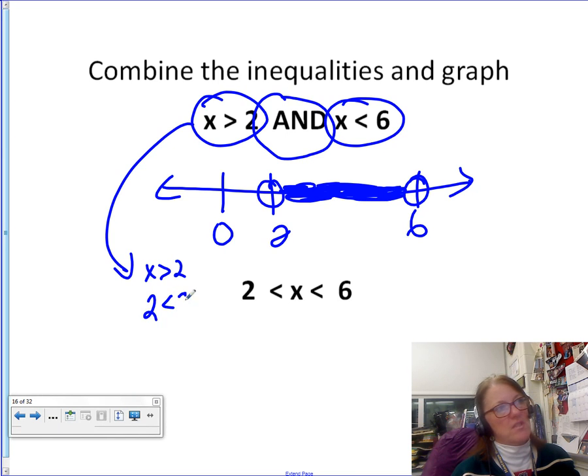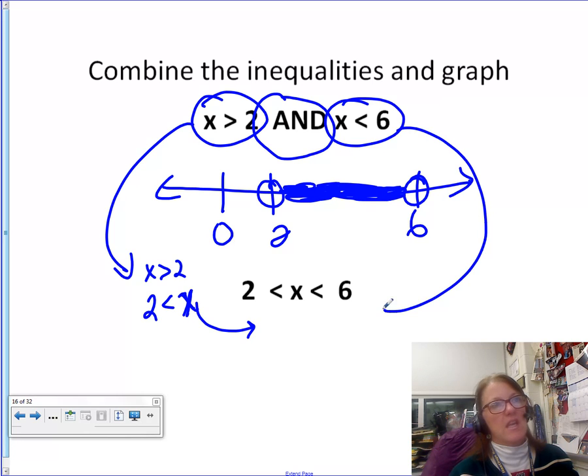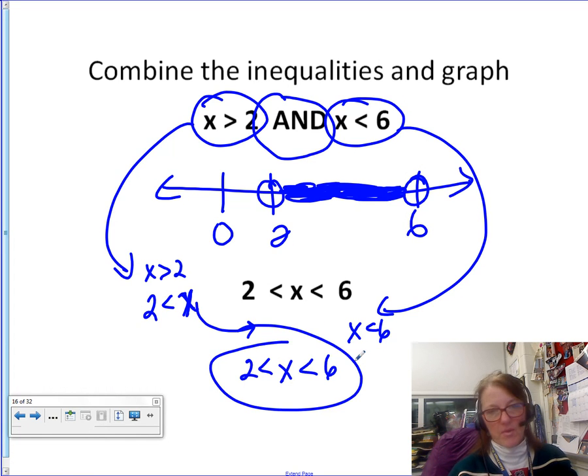If I switch this around this way, this says the same thing. X is greater than 2 is the same as 2 is less than X. And if I bring this in with the existing X is less than 6, you get 2 is less than X, which is less than 6. Compound inequality. Notice the X is in the middle. All your solutions are in the middle. And this is what it looks like. It's this overlapped region.